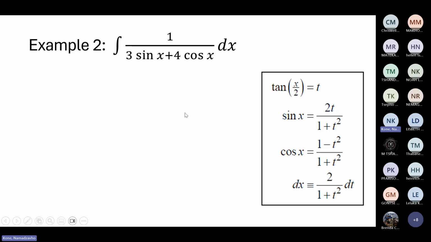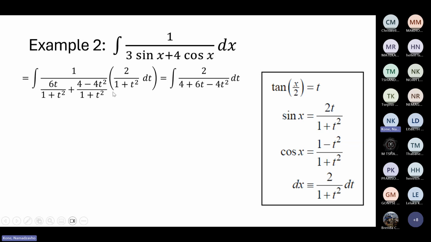The rest is the same thing that we were doing, so I will not spend much time here. It's about replacing things now. Sine x is equal to 2t over 1 plus t squared. Because there was a 3 already, that's where we get this 6t over 1 plus t squared, plus this 4 here multiplies this cos x, and 4 multiplied by 1 minus t squared is 4 minus 4t squared, that you see there.